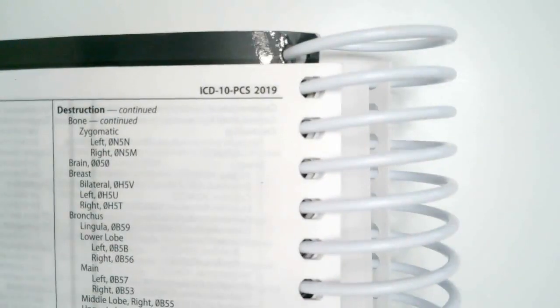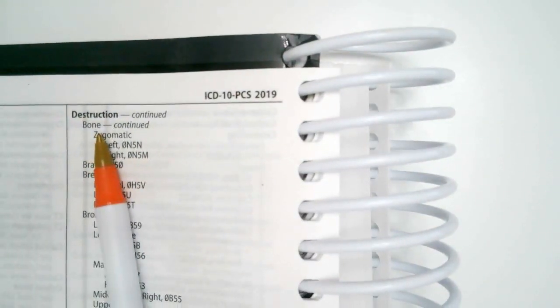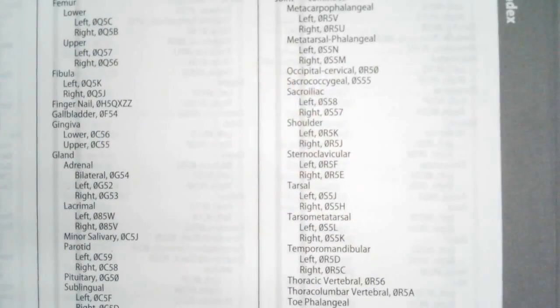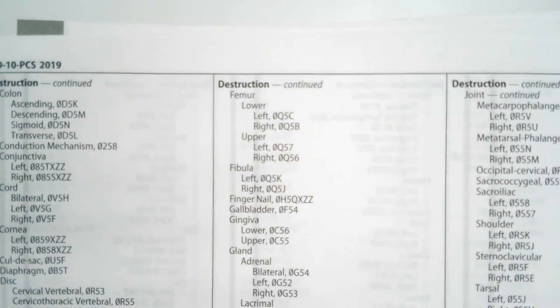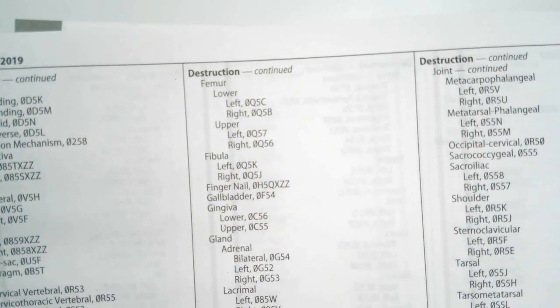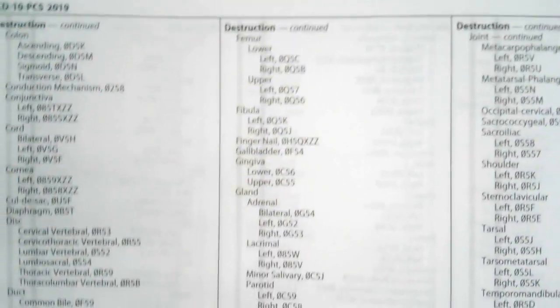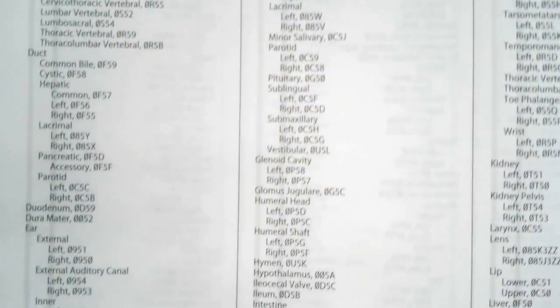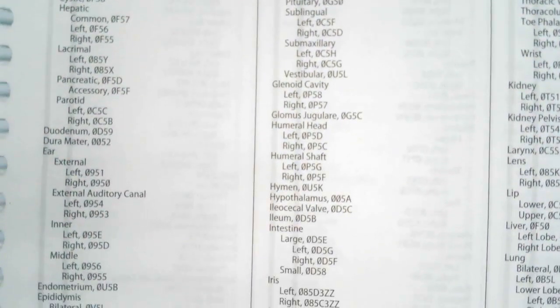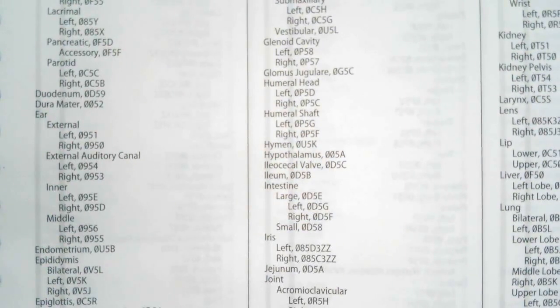And the third column, notice this is bone. So it's still destruction, but you have to figure out where is my endometrium. Now on this page, notice I got femur, so that lets me know I'm getting close. So I'm going to scroll down a little bit. And look what we have here.